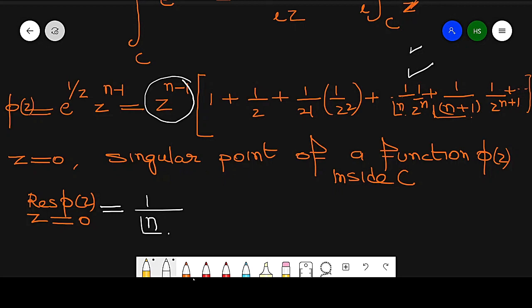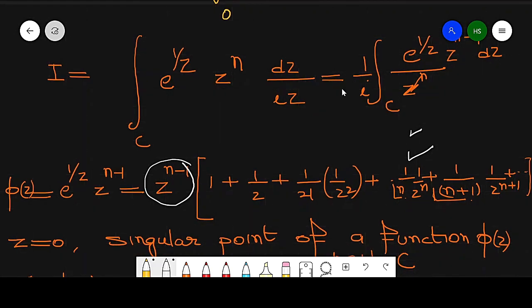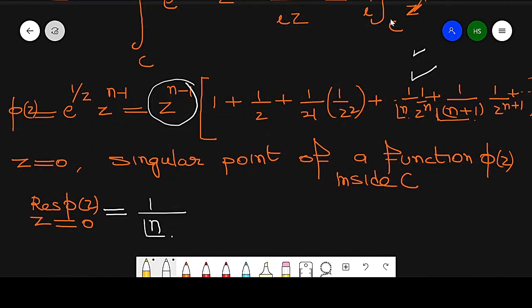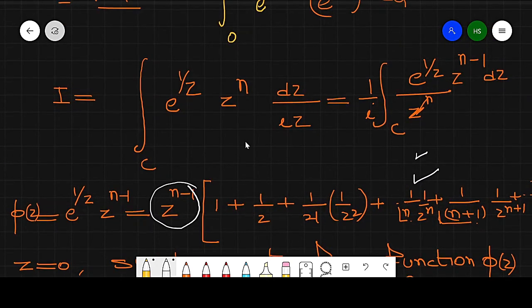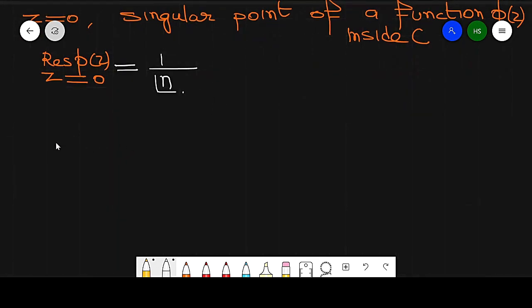And also it is 1 by iota z, so this integration I is equal to 1 by iota into 1 by n factorial.